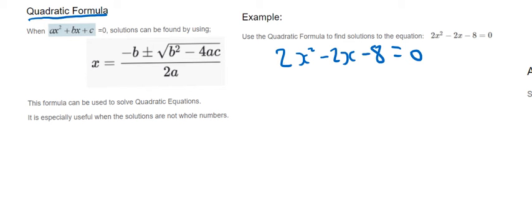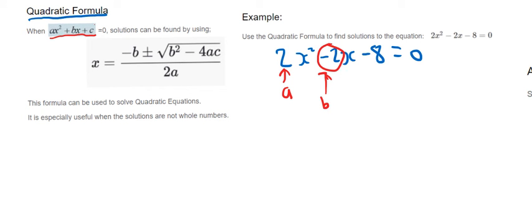So if you take the general equation, it's ax squared plus bx plus c. The a is always the thing in front of the x squared, therefore in this case that makes the 2 the a. The b is always the thing that comes in front of the x, so in this case b is minus 2, and that minus in front is important as well.